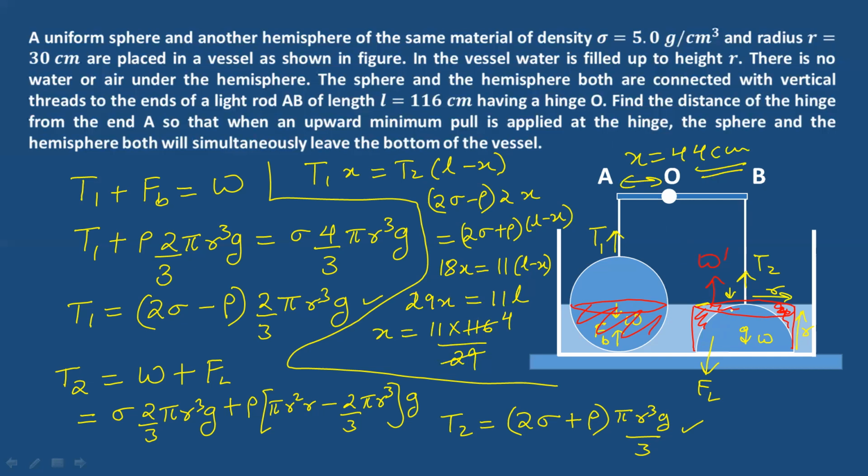I asked the author himself, and the explanation given by him was that just as this hemisphere lifts up, the effects due to the atmospheric pressure would cancel out. So anyway, just ignoring the atmospheric pressure from above, if you solve this, you would get the answer given in the book, that is 44 centimeters.